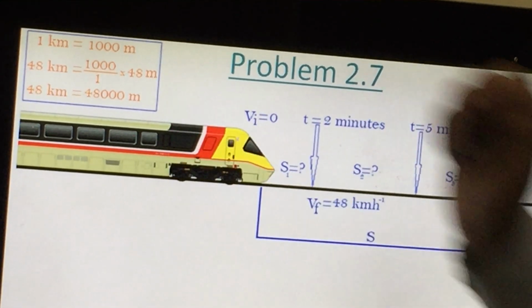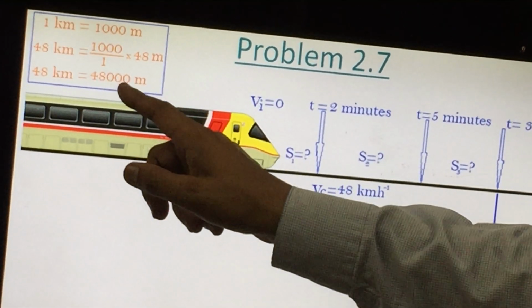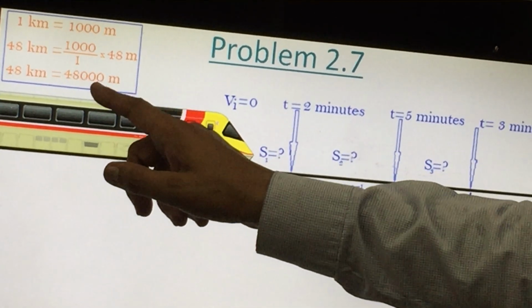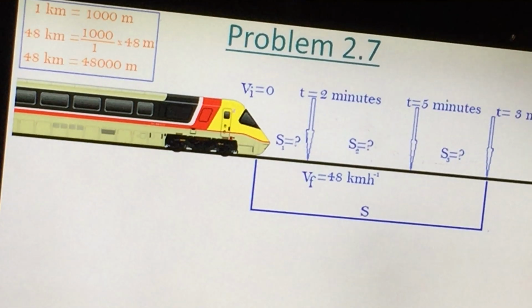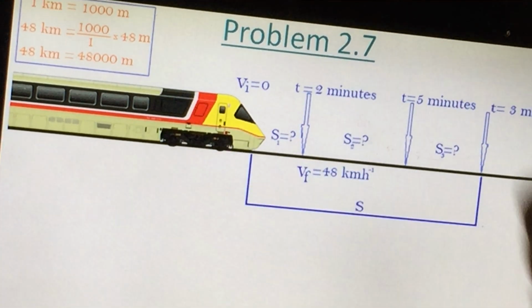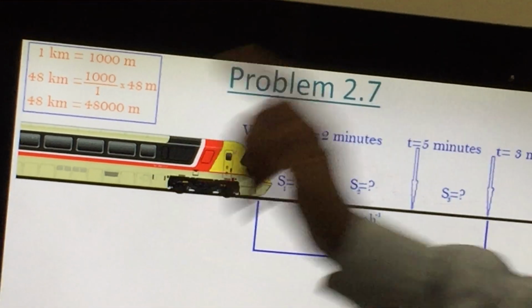Over 48 there is 1, so numerator is multiplied with numerator: 1 multiplied by 1 is equal to 1. Here 48,000 divided by 1 is there already, but we do not write it. It is understood that over 1 is there. So 48 kilometers is equal to 48,000 meters.